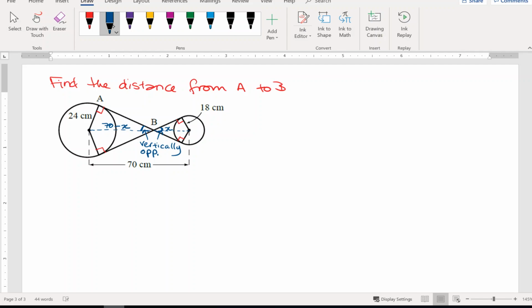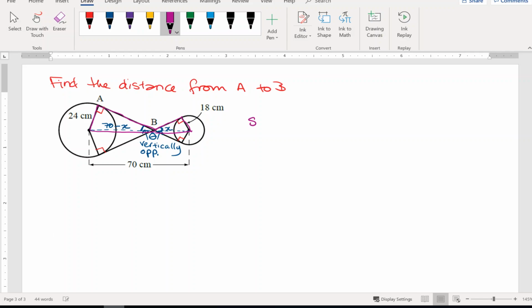So I'm going to call those angles theta. In relation to this angle theta here, we have the opposite side and the hypotenuse of these triangles. So here is one triangle, and here is this other triangle.